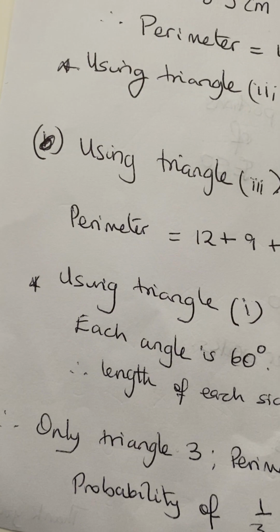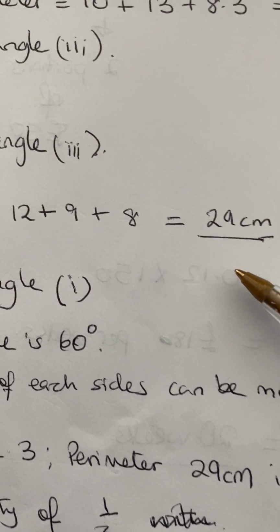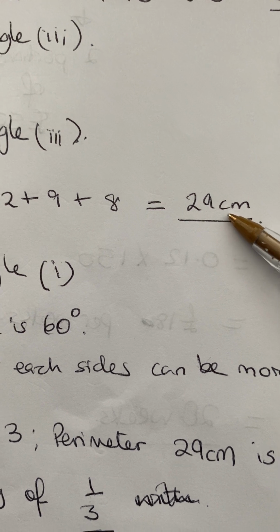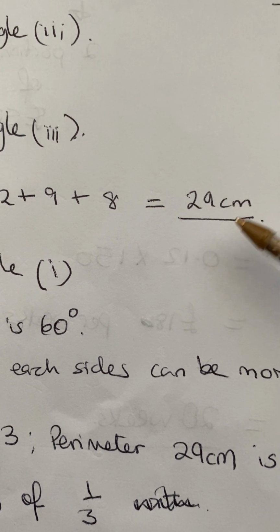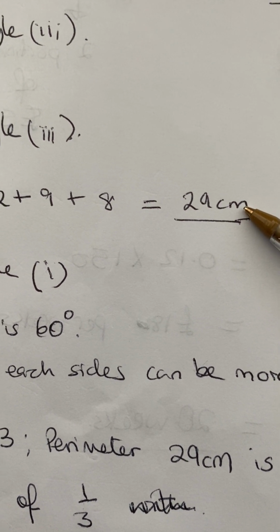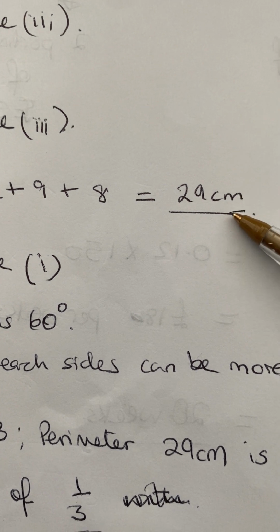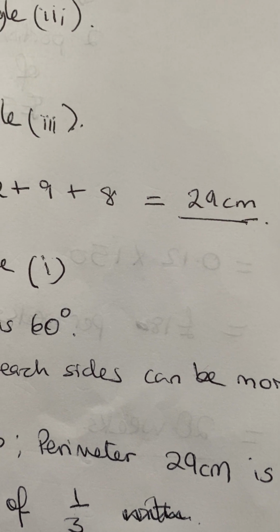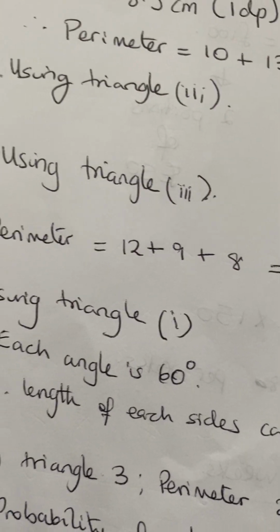Now this 29 centimeters, the perimeter, is less than 30. So this triangle will give us a probability of 1/3 out of the three triangles.